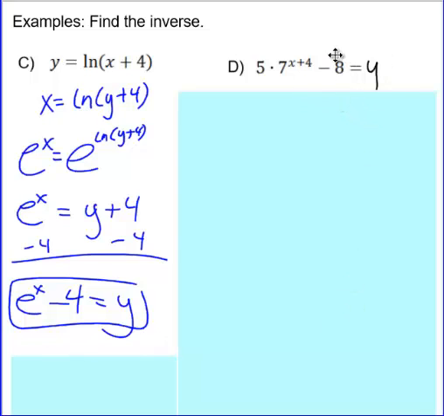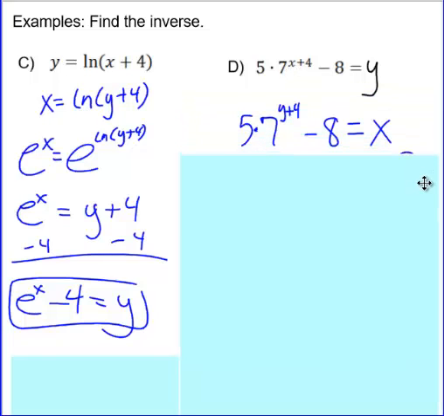Now let's do the inverse with this exponential. There's some stuff on the outside. Remember, before we actually start doing our calculation, we need to switch our x and y. So we'll switch the x and the y first. And then we're going to solve for y. So the first thing you want to do is get the exponential part by itself. That means I have to get rid of the 8 and get rid of the 5.